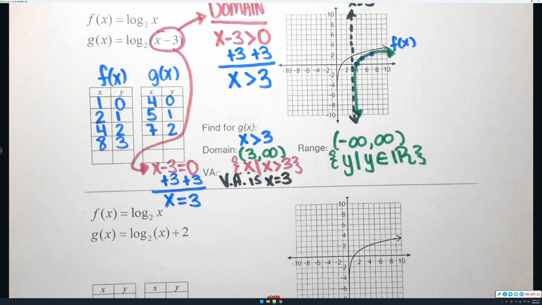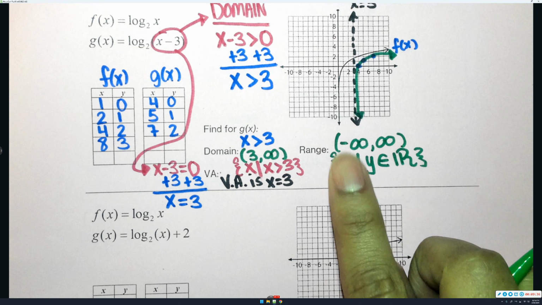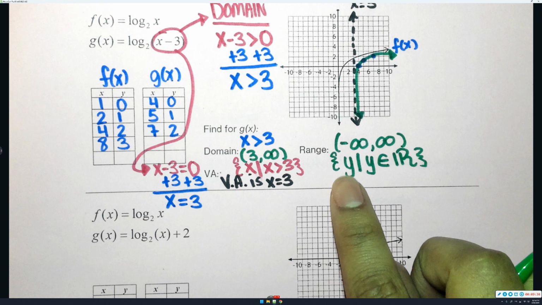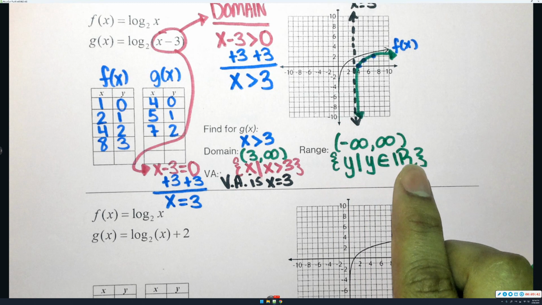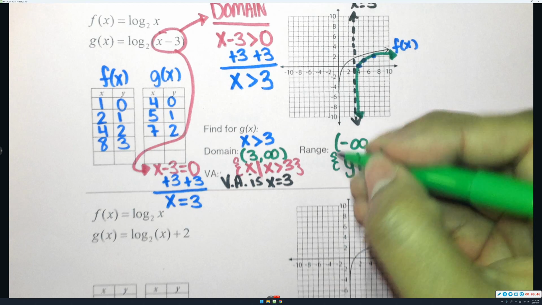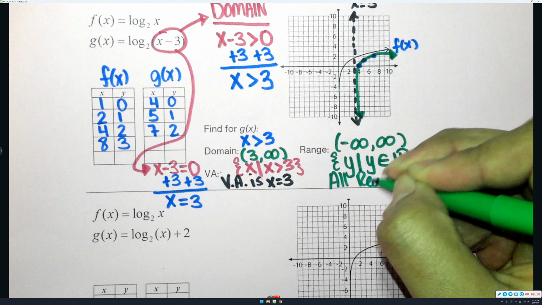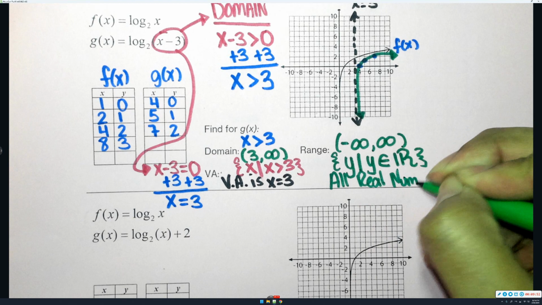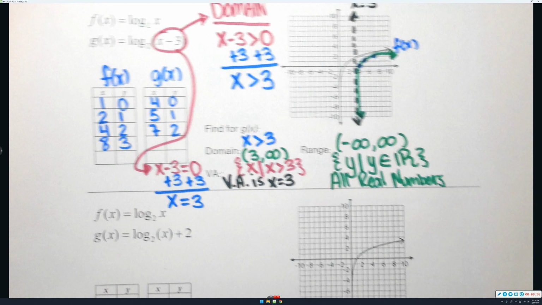Now, how do I read that? You're going to see this in the future, guys, okay? We read this like the following. For all y's in which y is an element of all real numbers, okay? And finally, we also have the verbal description. So we have all real numbers. Okay? There we go.